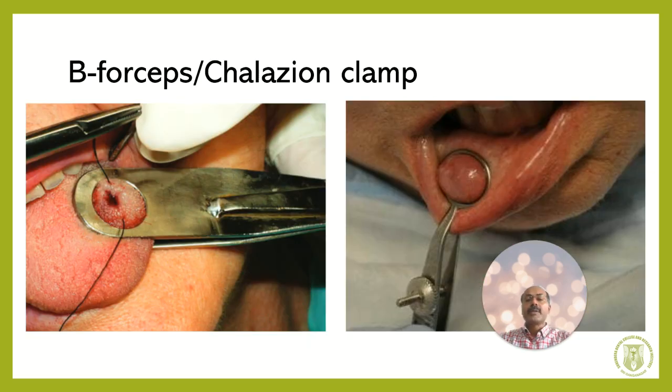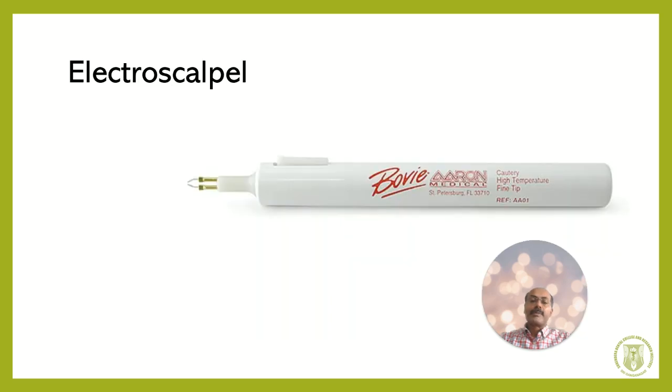A B-force biopsy is a specialized equipment wherein it isolates the area to be biopsied by using this clamp, which is a Chalazian clamp, and it is performed in an easier manner compared to a normal incisional biopsy.